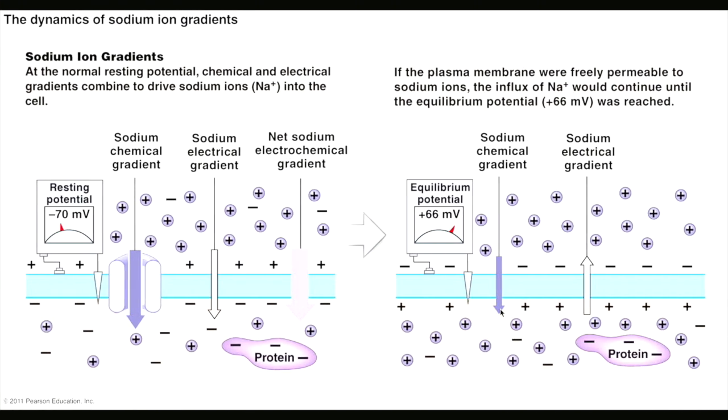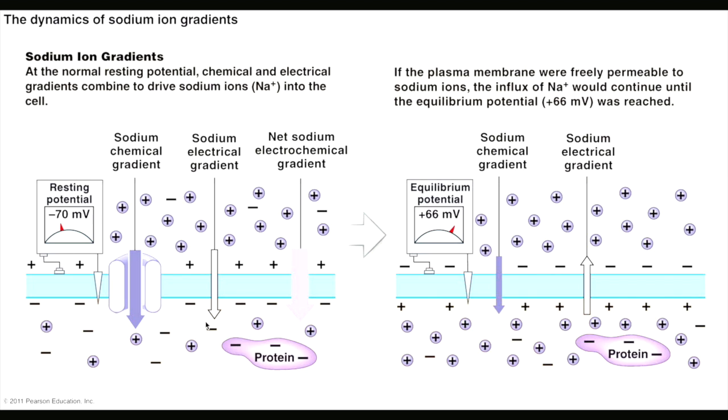Now let's look at another hypothetical cell permeable only to sodium. Sodium's chemical gradient is into the cell, because sodium has a higher concentration outside of the cell. Sodium's electrical gradient is also into the cell, because sodium is positively charged and the inside of the cell is negatively charged.